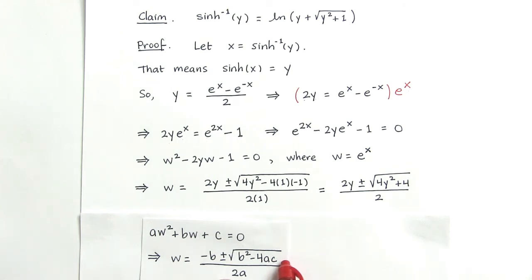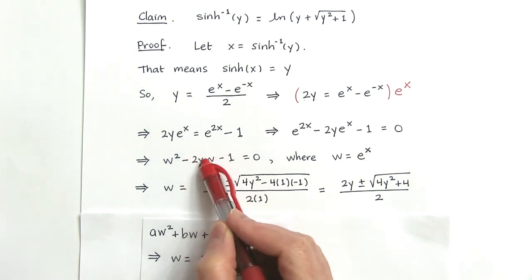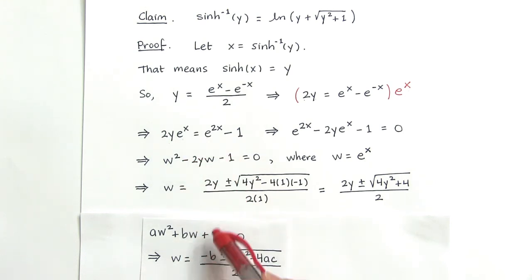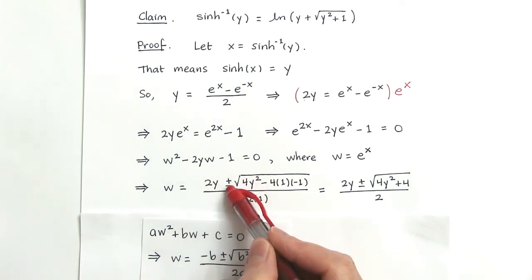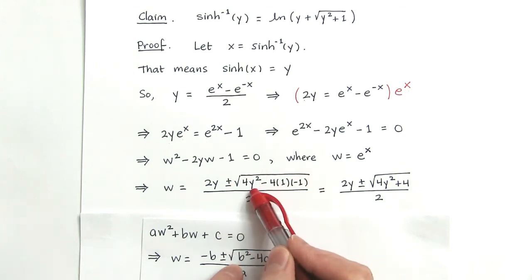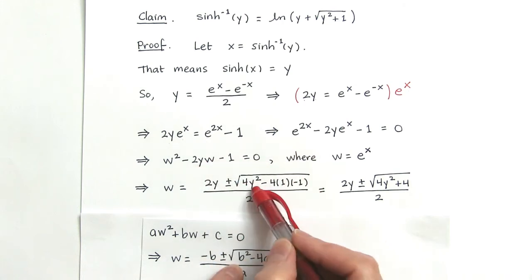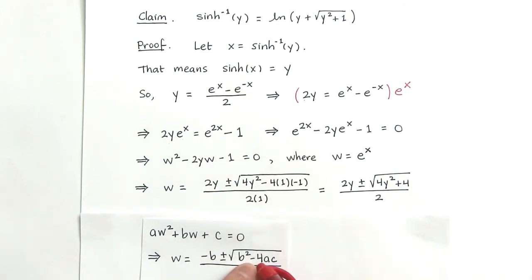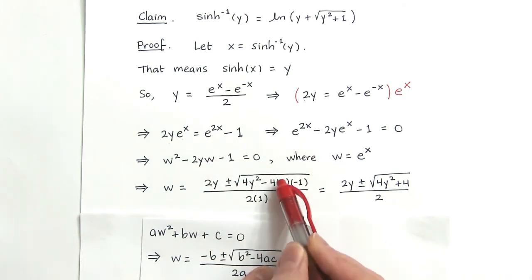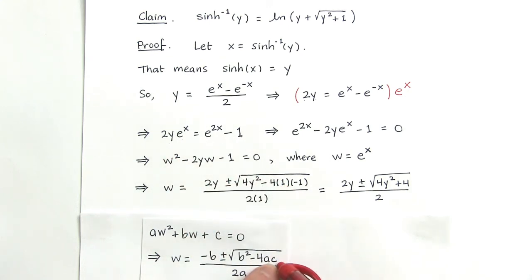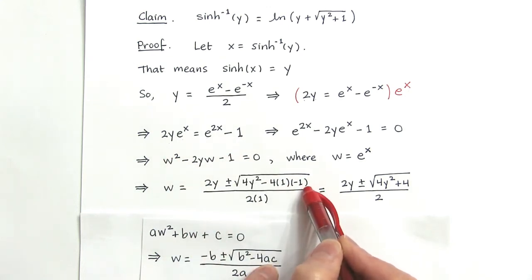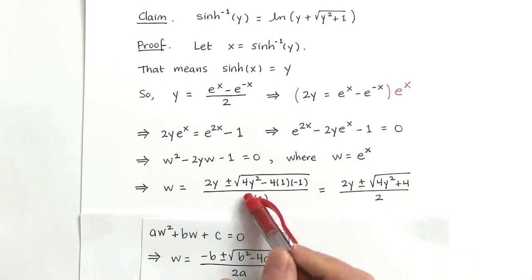So plugging a, b, c into this formula, b is minus 2y, so negative b becomes positive 2y, plus or minus the square root. We have b squared here, and b is minus 2y, so when I square it, I get 4y squared, minus 4ac, a is 1, and c is negative 1, and the denominator is 2a, and a is still 1.